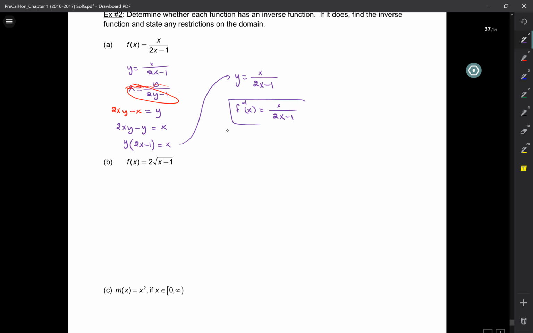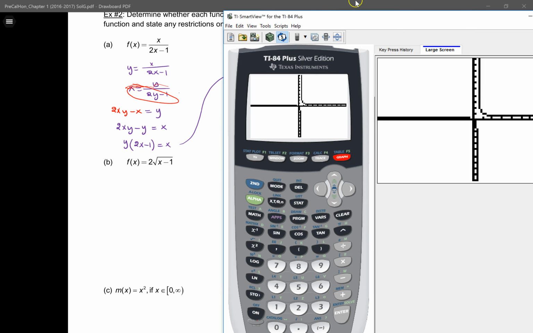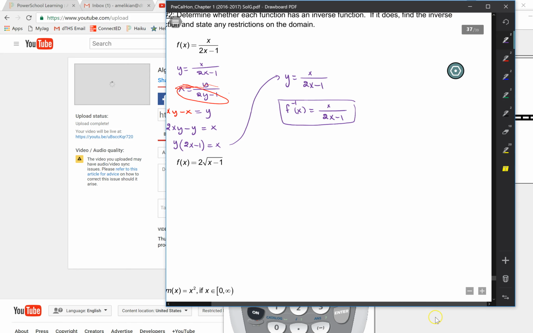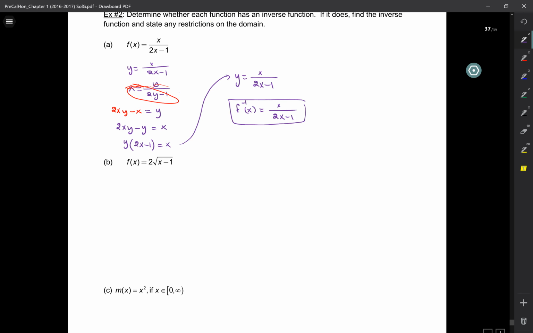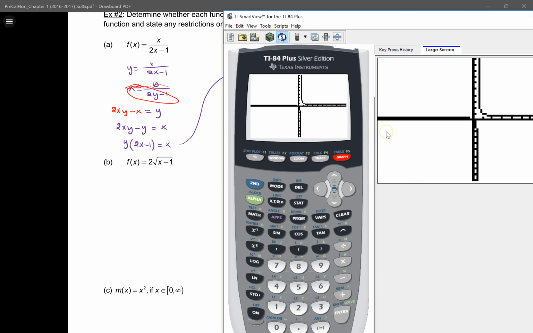Well, what do we notice? We notice that the inverse is the same as the function. And if we go back to the graph, you'll notice that this one is its own inverse. If I were to draw the line y equals x, and reflect it around that, I would just get the same function back.